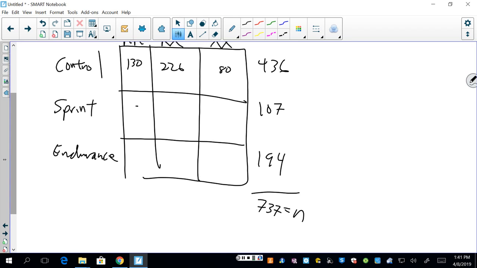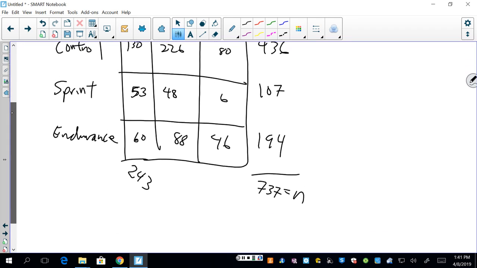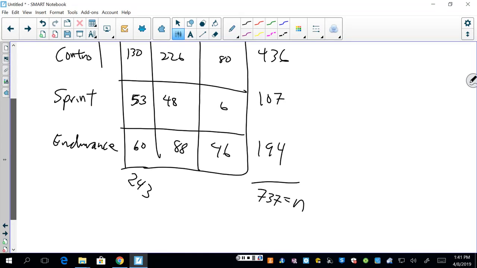This row is 53, 48, and 6. And in this row, it's 60, 88, 46. And if you add going down the columns, there's 243 that have the RR genetic type. And adding down, there's 362 here and 132.